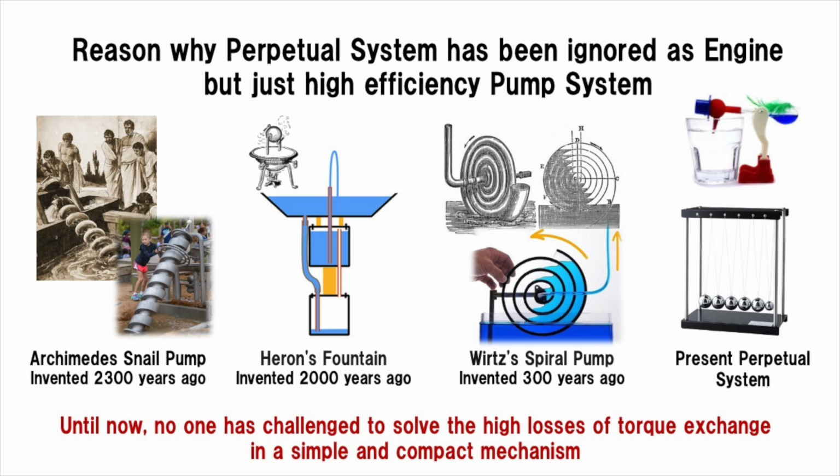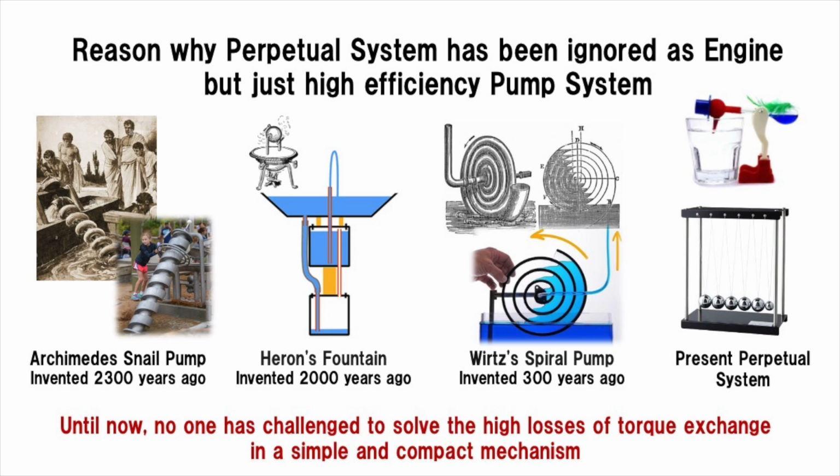Incidentally, because of the Joule heat formula, the existence of perpetual motion machines is completely denied, but over 2,300 years ago, the ancient wise man Archimedes, famous as such, invented a snail-shaped pump system that generates positive hydraulic power in excess of potential energy.